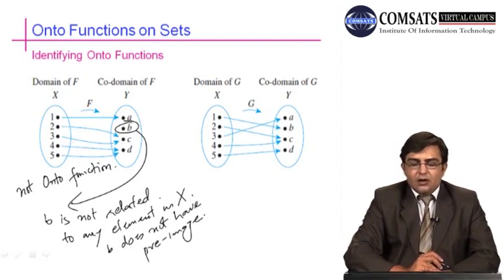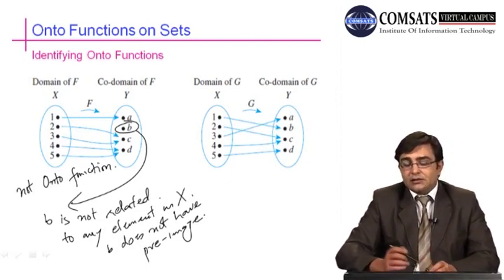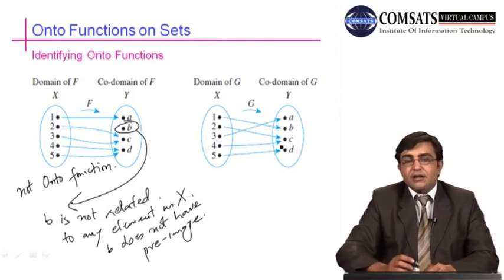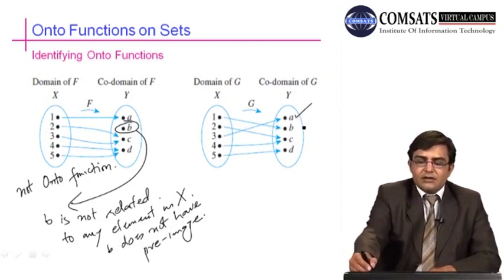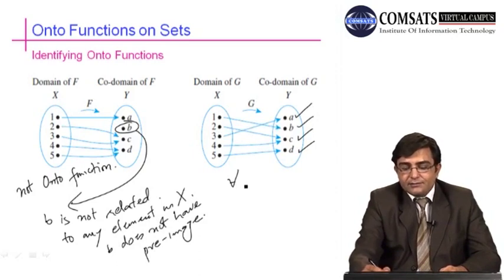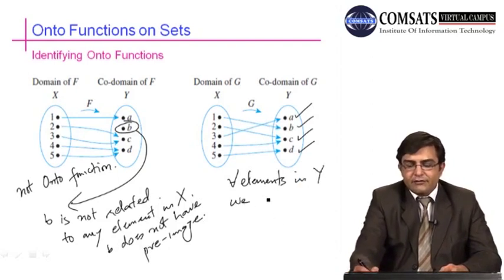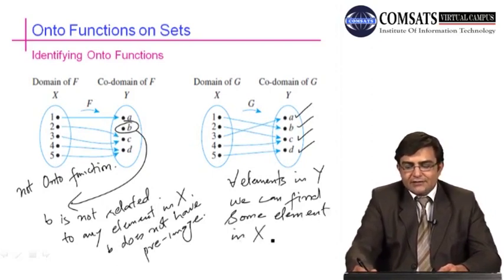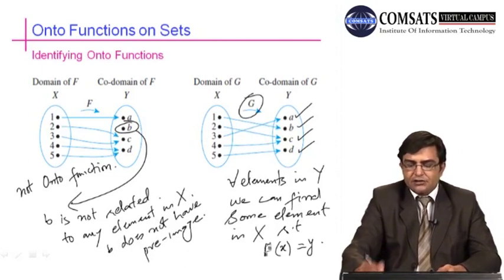Now we look at the second arrow diagram. 1 is related to B, 2 is related to C, 3 is related to A, 4 is related to C, 5 is related to D. So every element in Y is related to some element in X. We can find, for all elements in Y, some element in X such that f of x is equal to y, or here we have defined g, so here we must have g of x is equal to y.